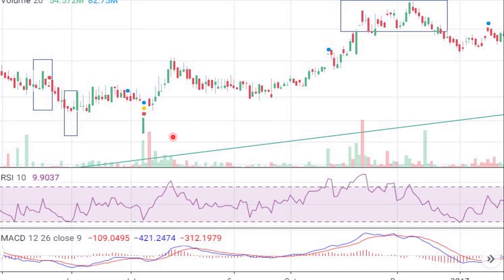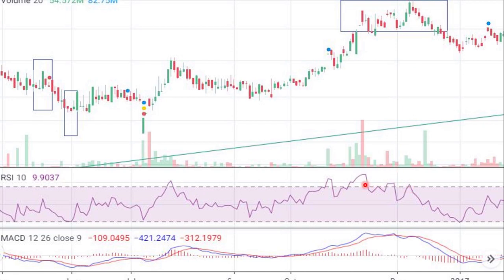You can sell your asset when you get a good sell signal from RSI, or when here MACD also has given us the selling signal. Also here in the RSI indicator, you can see we are in the overbought zone in this rectangle.